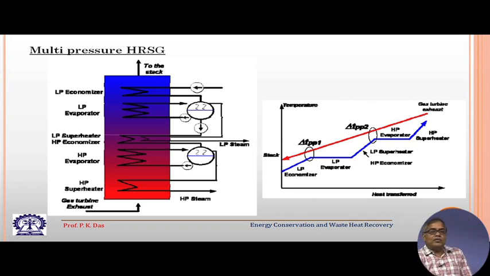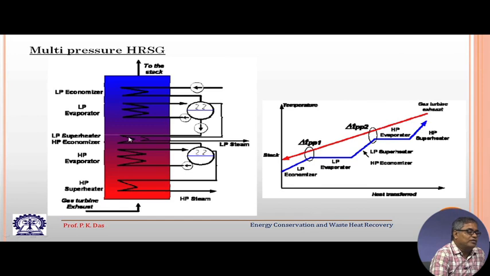So, obviously, we can have a turbine for expansion of this LP steam. Then from the bottom of this LP steam drum, we can extract certain amount of water, certain amount of liquid which is at elevated temperature. We are pressurizing the water.